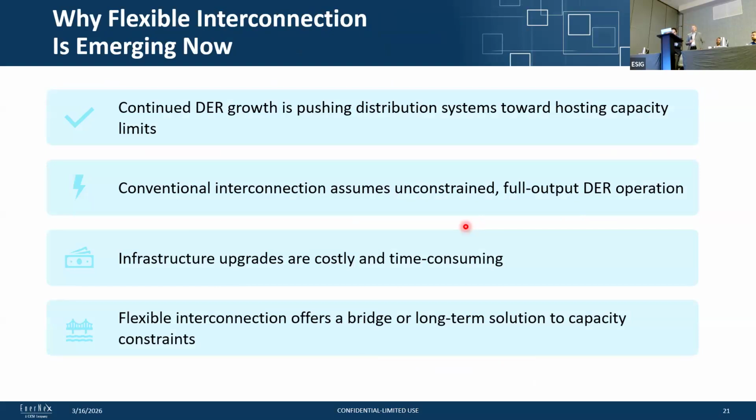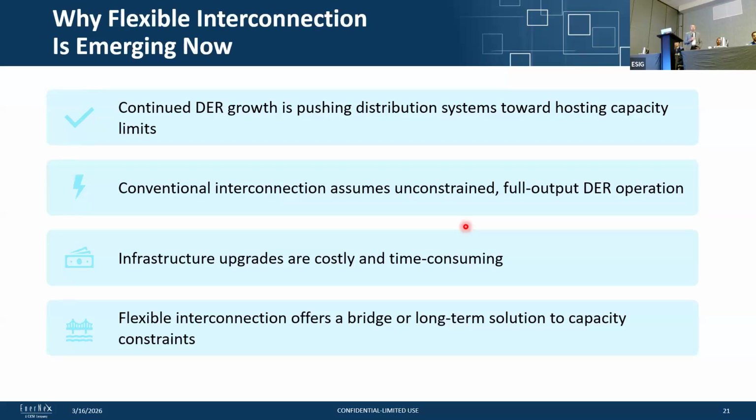Okay. All right, so just briefly, why flexible interconnection is emerging now. There's a handful of things, but mainly it's a lot of what Leo was talking about. There's continued DER growth, pushing distribution systems towards those hosting capacity limits. Conventional interconnection methodologies collide with this, so how can we look at other ways to do it?